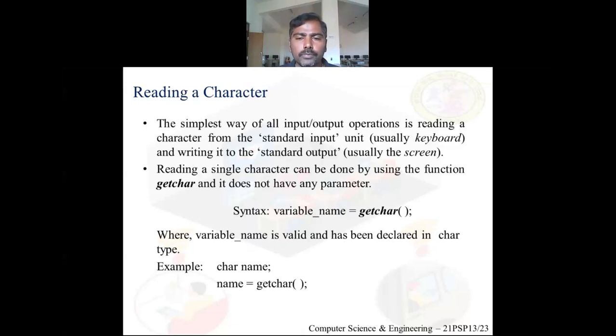The similarity is that getch and getchar are both used to read a single character. Now let us have a look at the syntax. As you can see, the syntax is variable name equal to getchar. So in this case, what does variable name actually mean?